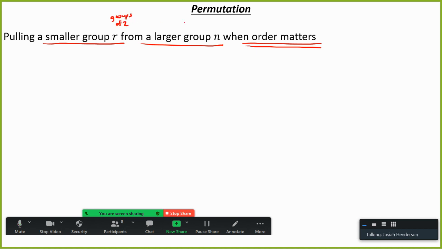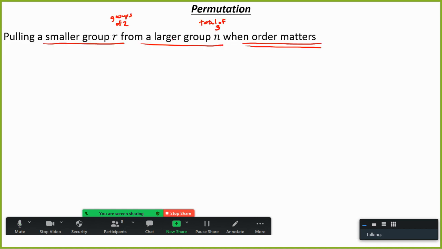That's our R. The larger group in that example was 3, the total people. That's our N, and order matters. I want to do the formula with you, and we have to have a definition, and then we'll do another example of figuring out a permutation with a larger set of numbers.